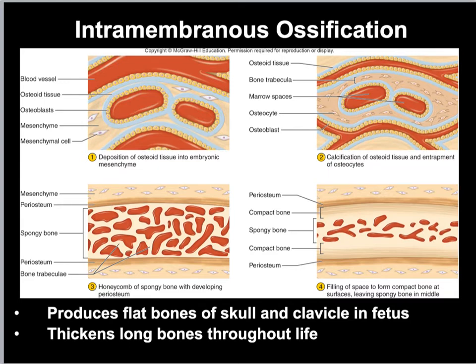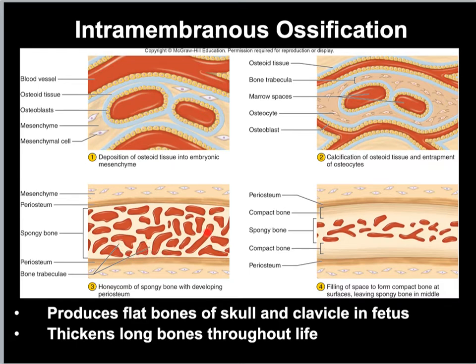If we zoom out here for a greater overview, all of this mesenchymal tissue has been ossified into trabeculae, and you still have these marrow spaces with osteoblasts coating them, and you still have this area outside where you have osteoblasts coating that as well, and we've formed our trabeculae.